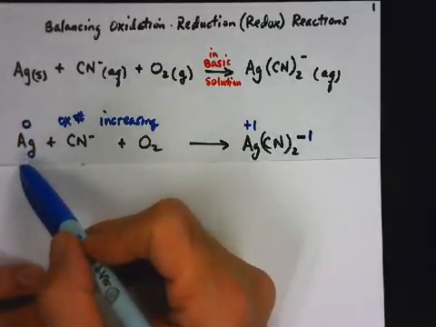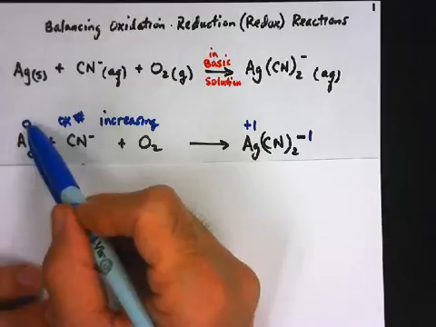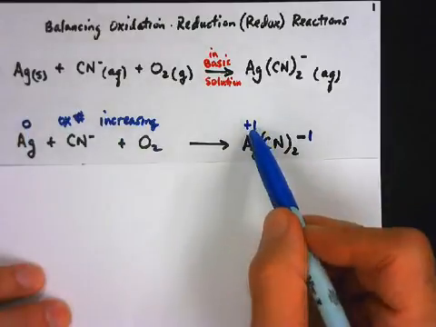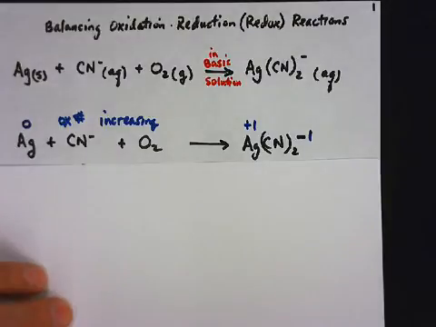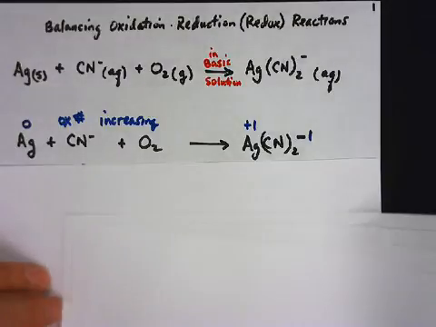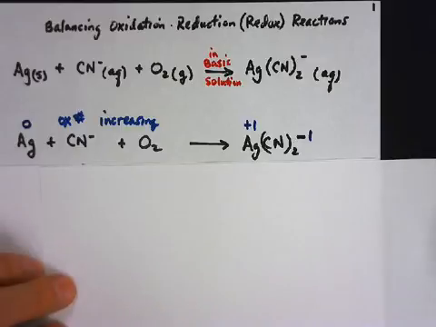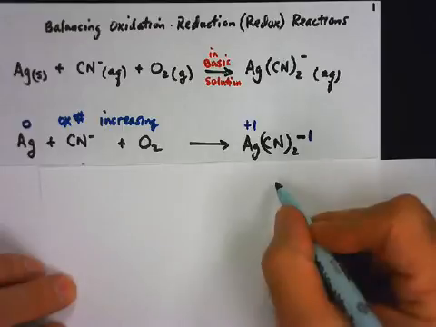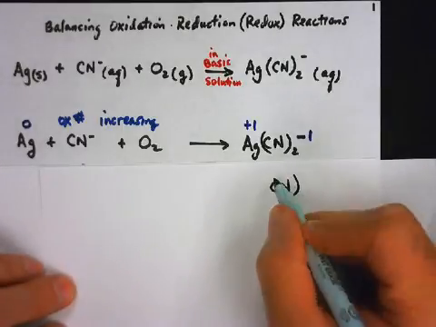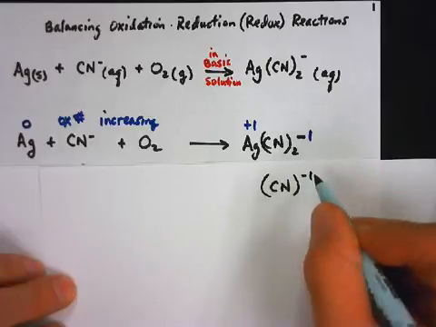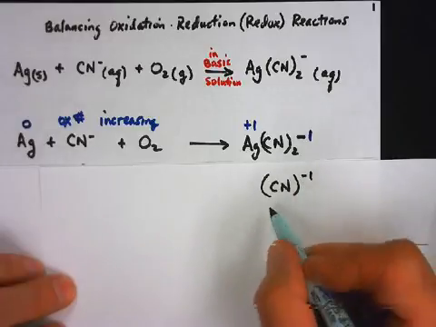Silver goes from a free state, so that means 0 oxidation number, to a +1 oxidation number. The reason I can tell that is because if I look over on the product side, the reason I can tell it's a +1 on the right is because we have two cyanide ions now, polyatomic ions. Each cyanide ion has a -1 charge.